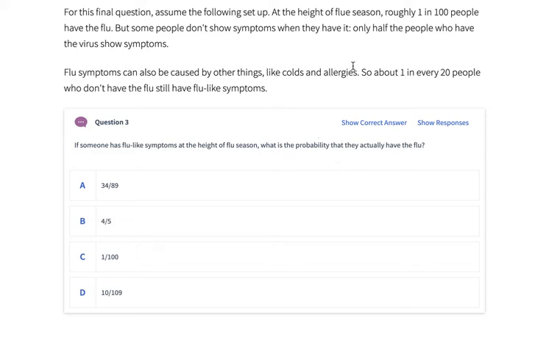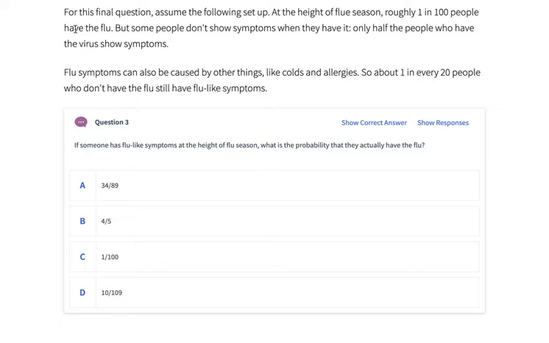Okay, so what we're told is that the overall probability of anyone having the flu at this time is 1 over 100. I guess it's a small typo here, but please disregard it. What this second sentence here is telling us nonetheless is that at the height of flu season, roughly 1 in 100 people have the flu.